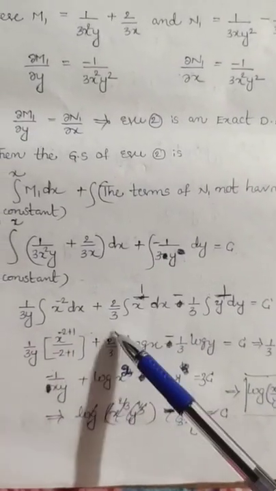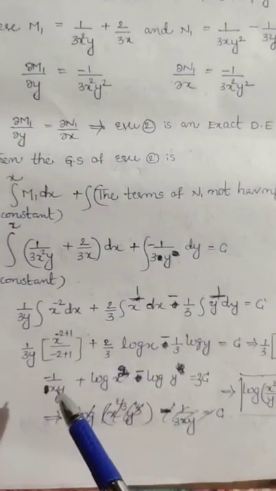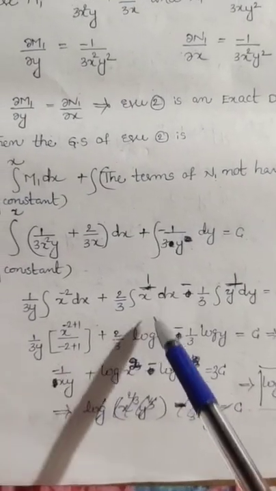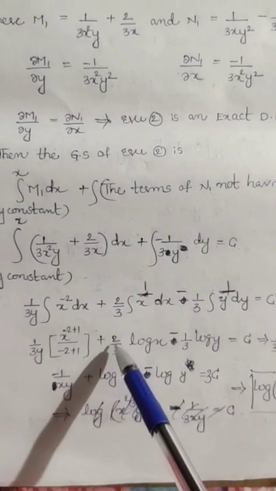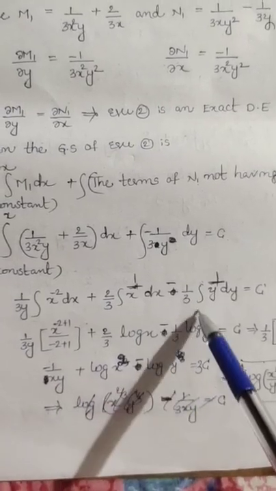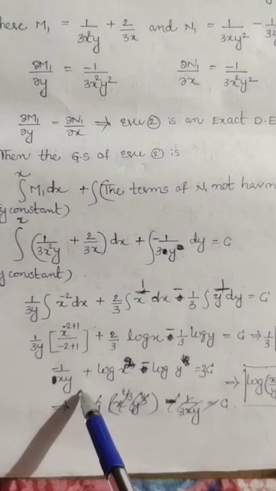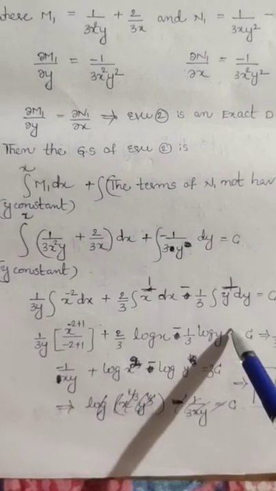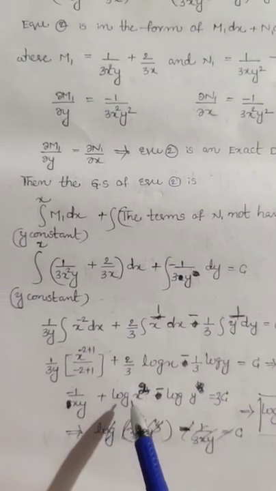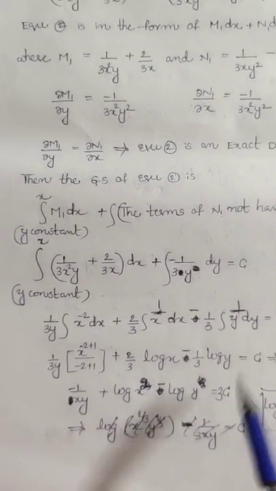So in this all terms 1 by 3 is common, taking 1 by 3 common, minus 1 by xy plus 2 log x minus log y equal to, so here taking 1 by 3 common, so now taking this 3 to the right hand side, 3c. Minus 1 by xy plus log x square minus log y equal to 3c.